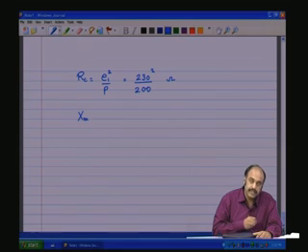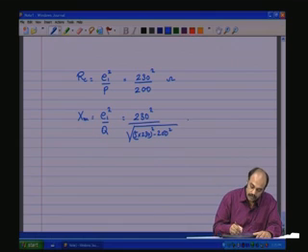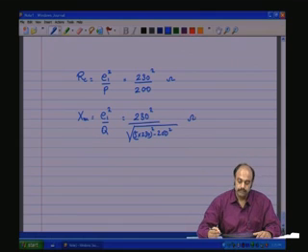XM, the magnetizing reactance, is given by E1 square by Q, which is equal to 230 square divided by root of 5 into 230 square minus 200 square, that many ohms.